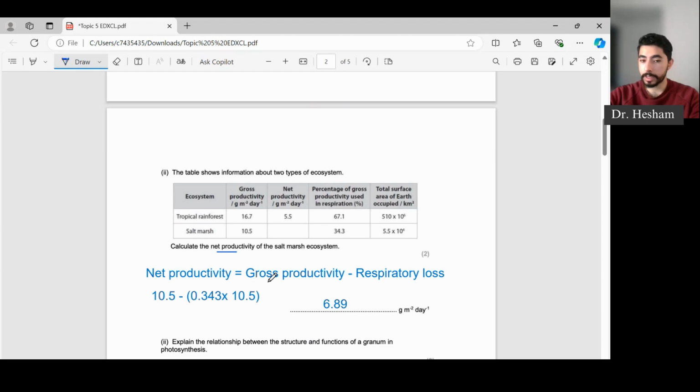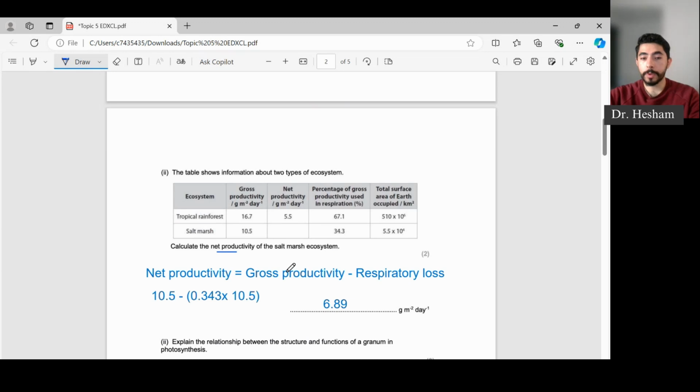So gross productivity, which is the total amount of energy the plant has from photosynthesis, minus the amount of energy it used for its own purposes. So this will give us the amount of energy it can store and therefore give to the next trophic level.